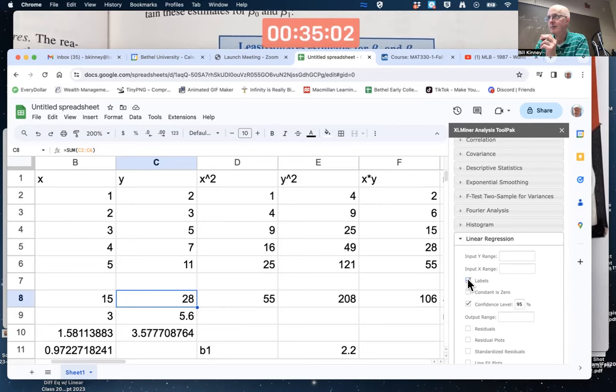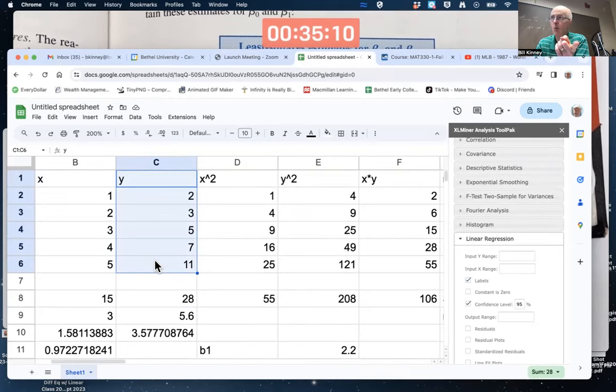However, if you do click the labels box, then when you, for example, choose the Y range, you want to make sure you include the label of the Y range, which is the Y in cell C1. The labels are supposed to be the variable names, X and Y in this case. In applications, you might want to use words for the labels, like X is number of hours of sleep and Y is how many problems you get right in the final exam.